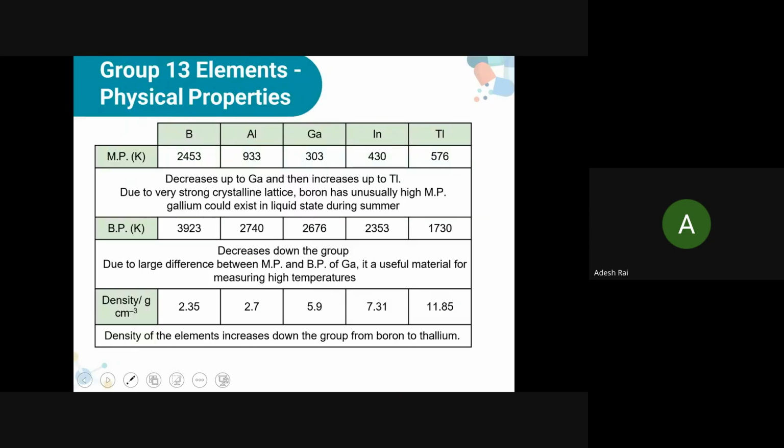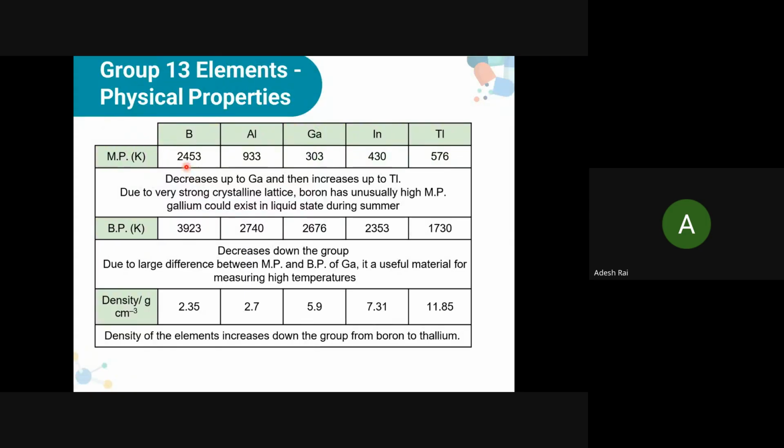See, for boron, boron is a non-metal, and its boiling point and melting point, both of them, are very high.